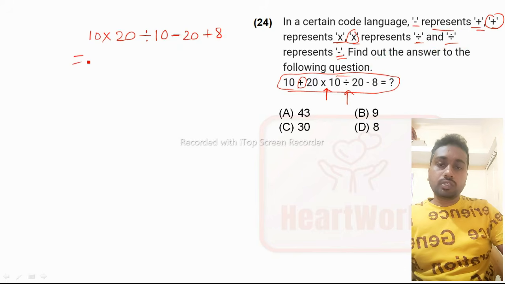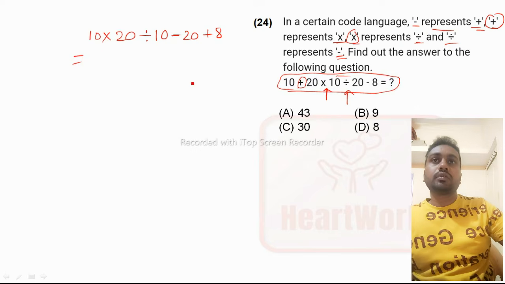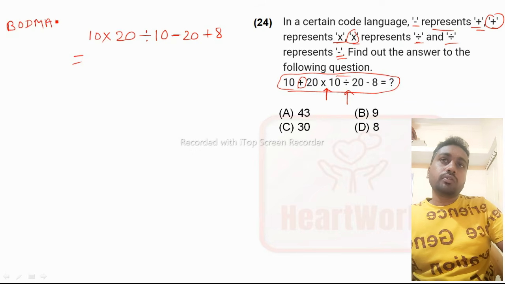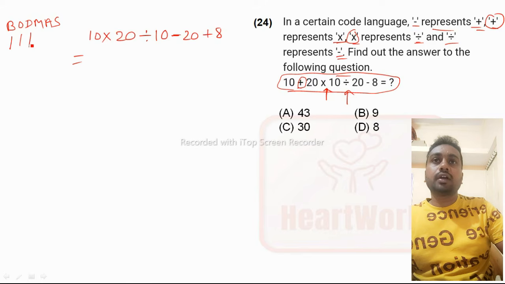Now you have to solve this according to BODMAS. You must know BODMAS. What is BODMAS? B is bracket, O means of, D is divide, M is multiply, A is addition, S is subtraction. So in this, first we go with division, after that multiplication, then addition, then subtraction.